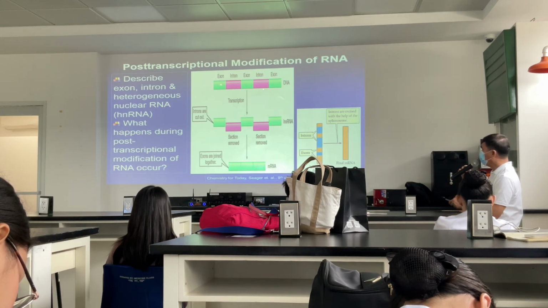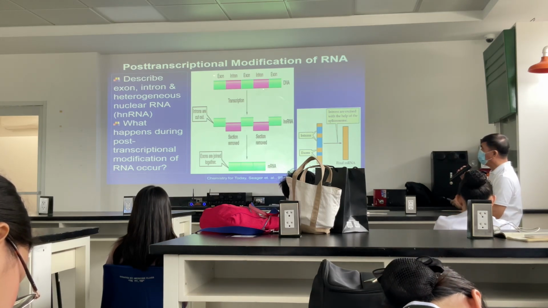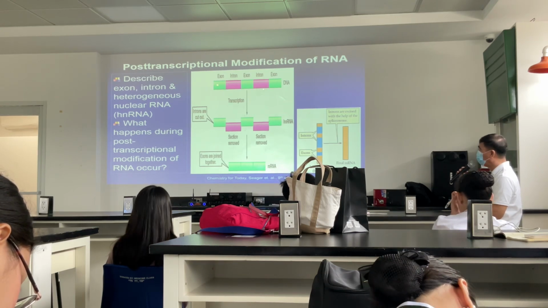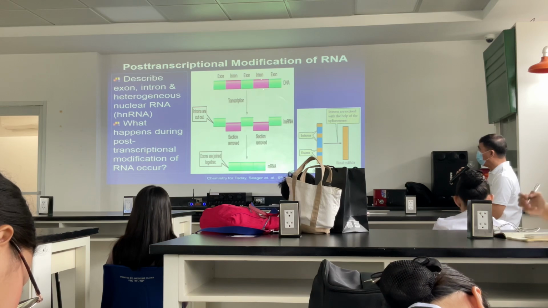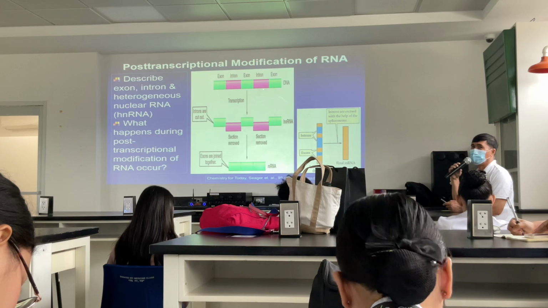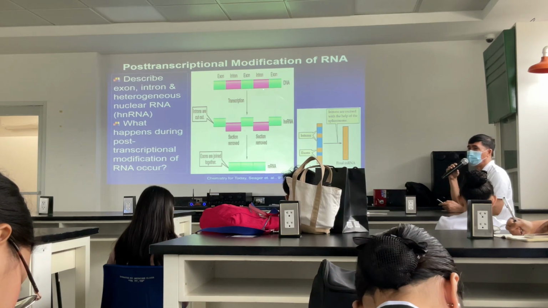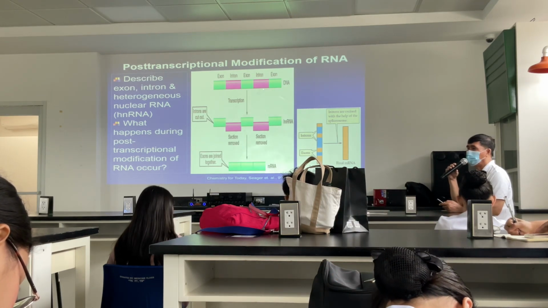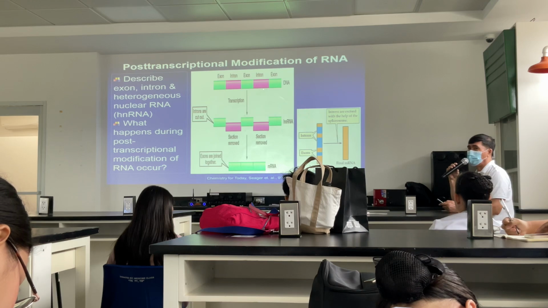So exons are the coding segments in the gene that code for the synthesis of an amino acid, while introns, colored violet, are non-coding segments of the genes. They do not code for the synthesis of an amino acid.